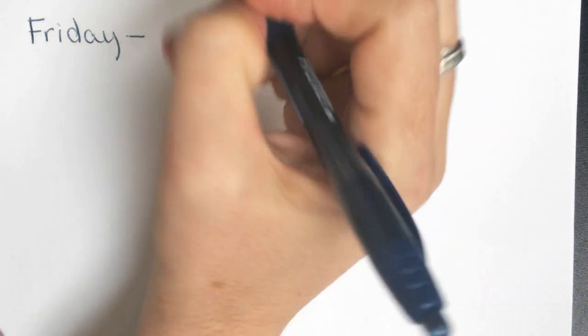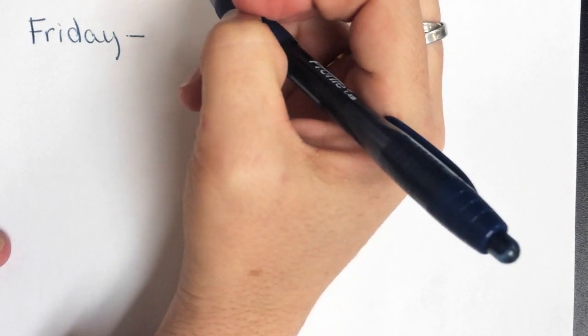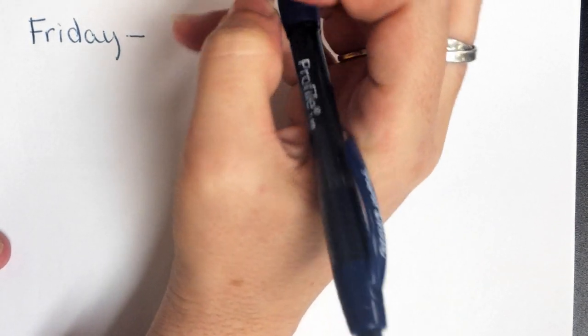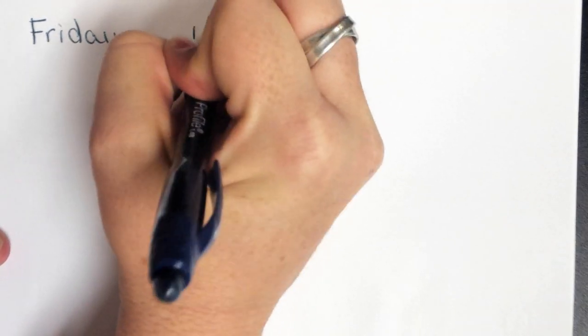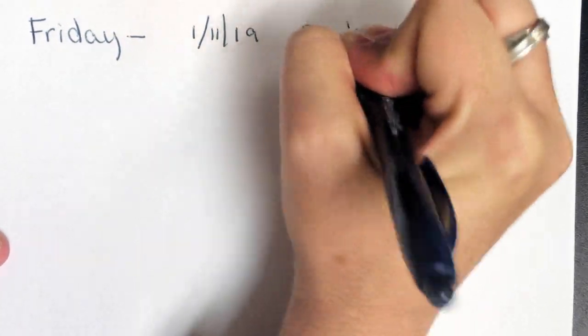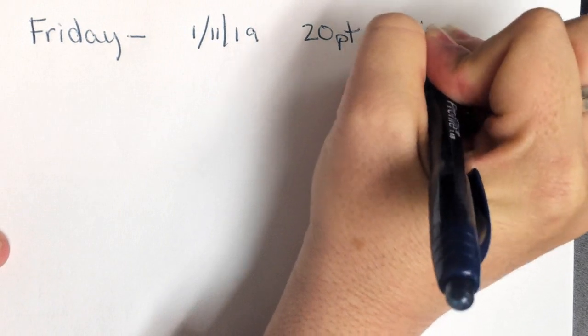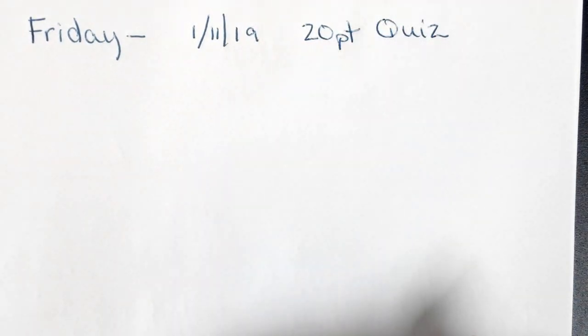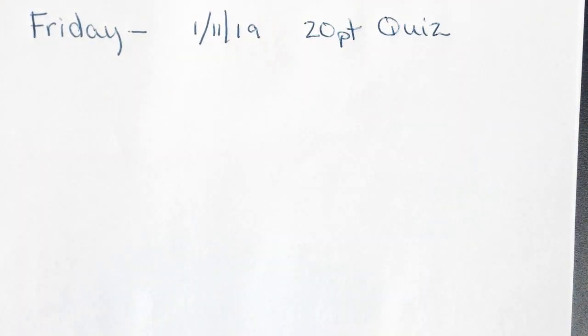Friday, the 11th, I think, we're having a 20-point quiz. It'll be kind of like our first deep grade, even though it's only 20 points. It is just going to be listing the formulas.